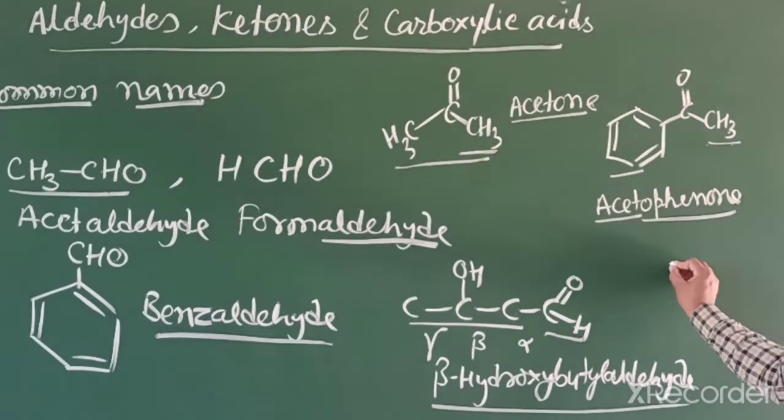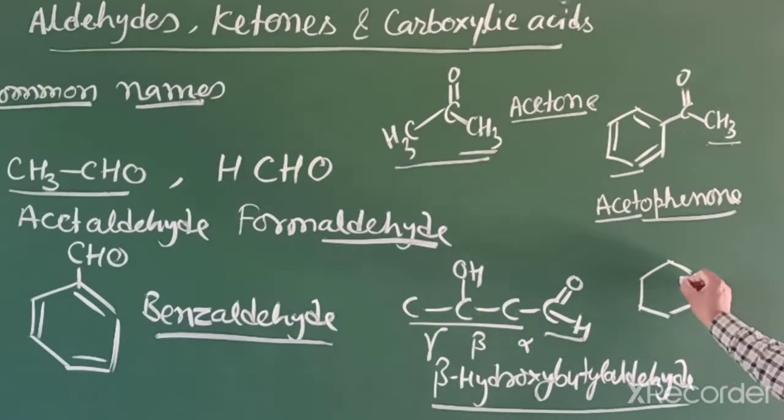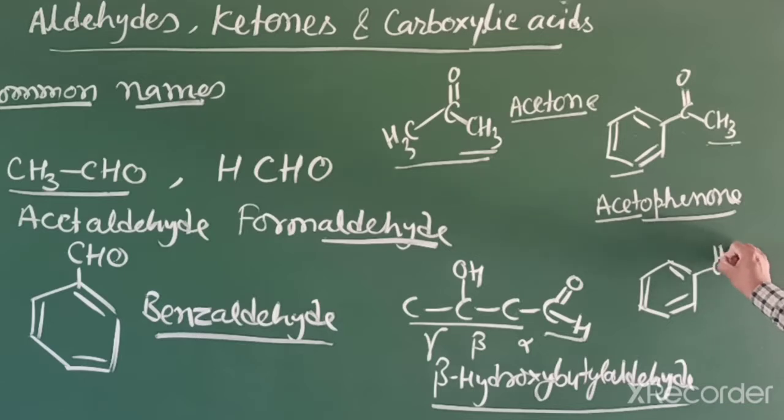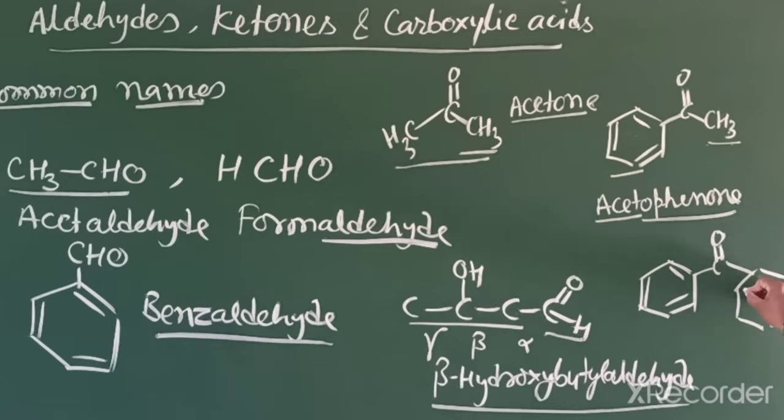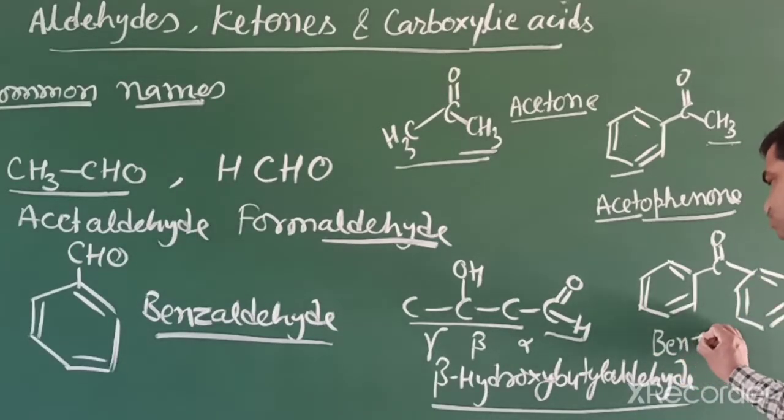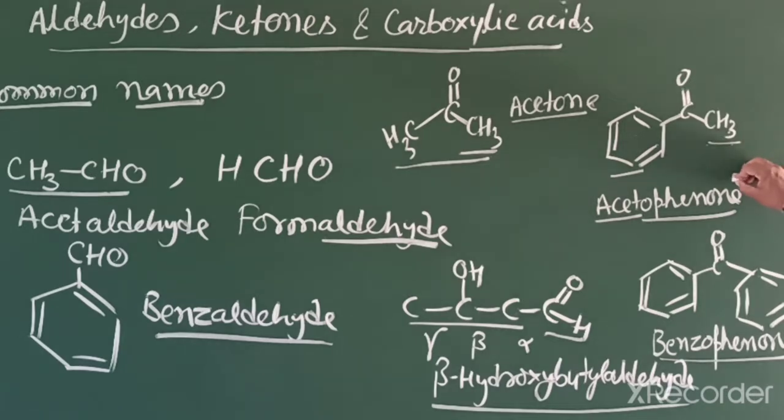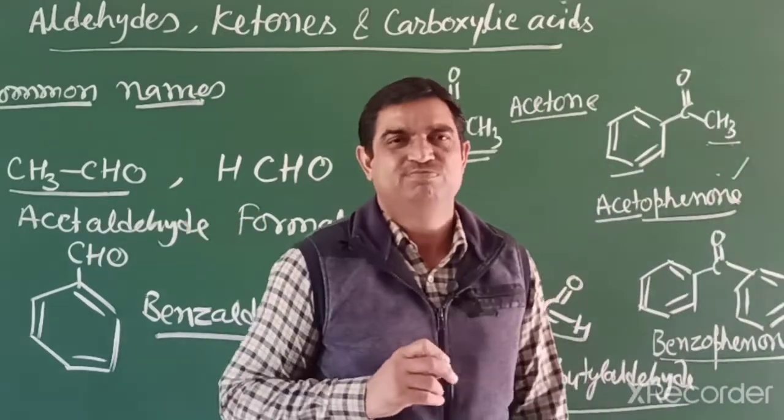If we write both sides like this, one side benz and the other side phen, it is benzophenone. These are common names and very important in conversions, because these are not IUPAC names: benzophenone, acetophenone, acetone, acetaldehyde, formaldehyde.